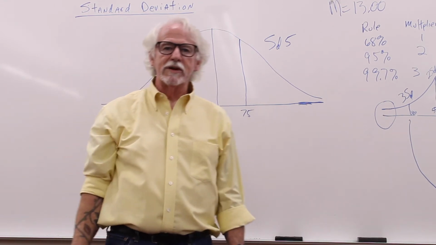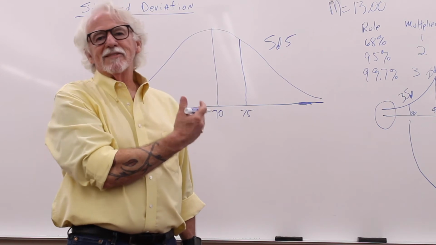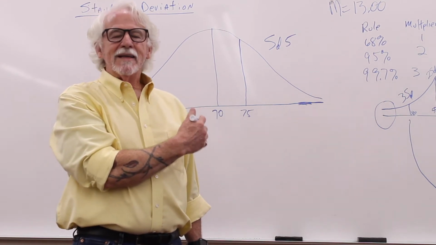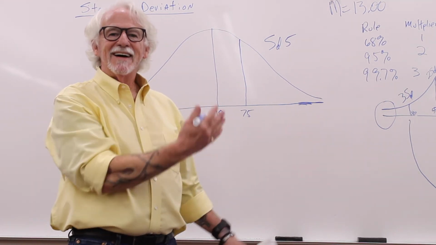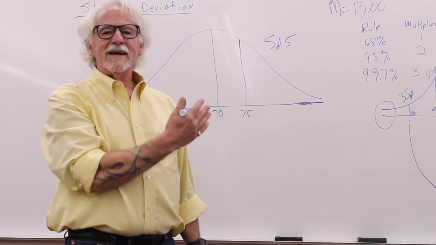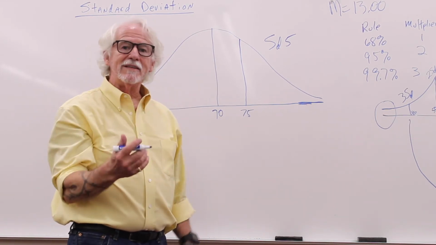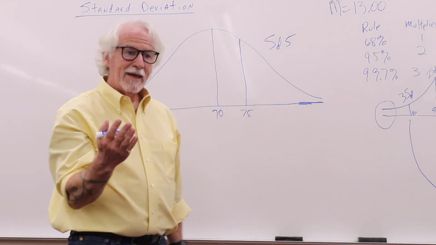That score is 75. It sounds real simple when we have these numbers, but if my standard deviation was 2.33, then the multiplier would work out to your advantage. And you'll see this on your worksheet, so pay attention.